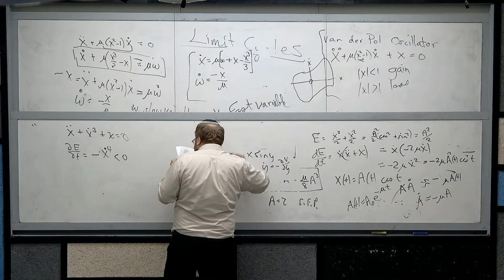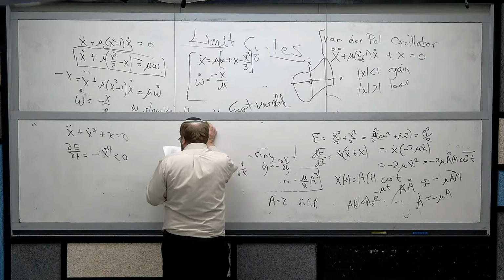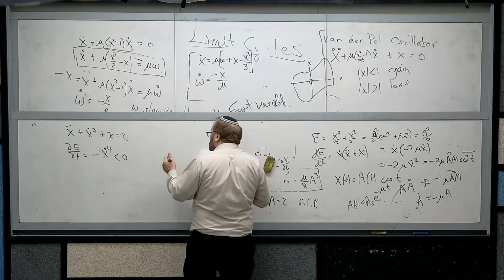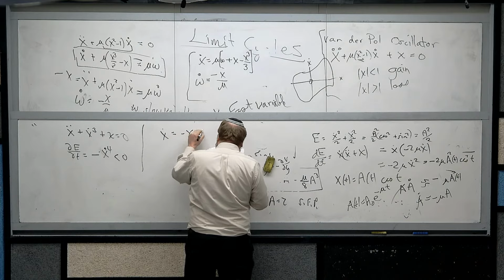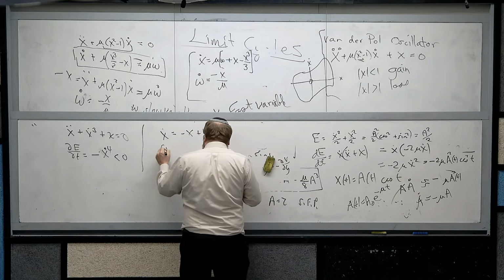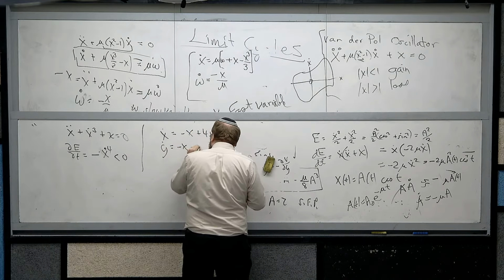Another stupid example: x dot equals minus x plus 4y, y dot equals minus x minus y cubed.